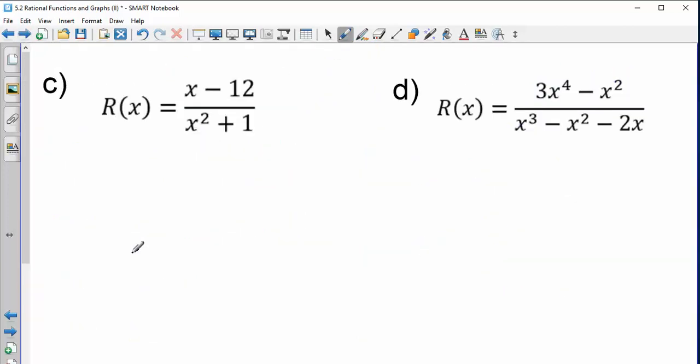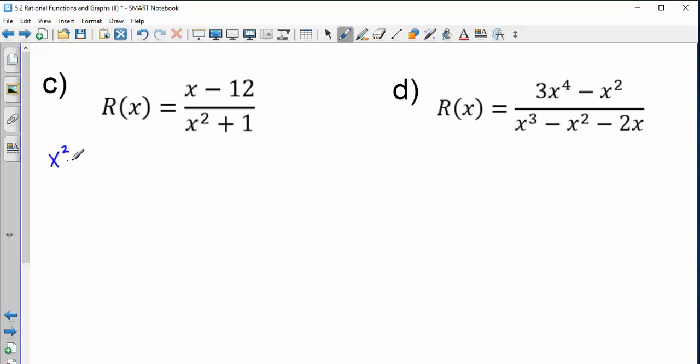We're going to keep practicing. Does my denominator factor? X squared minus 1 factors. Plus 1 doesn't factor nicely.